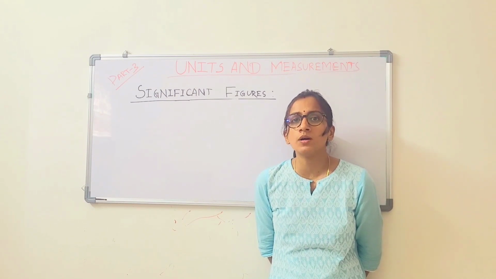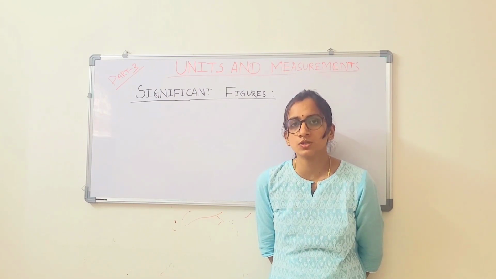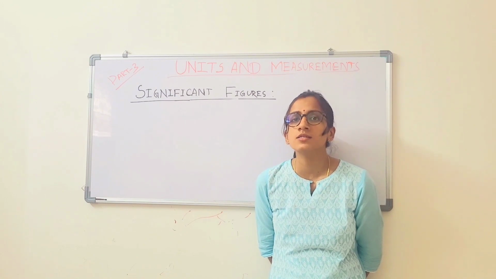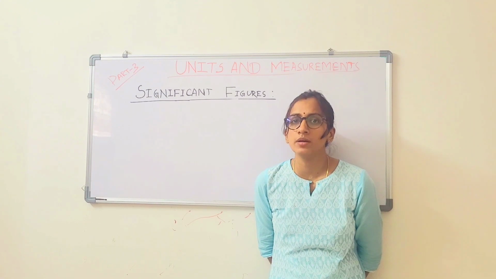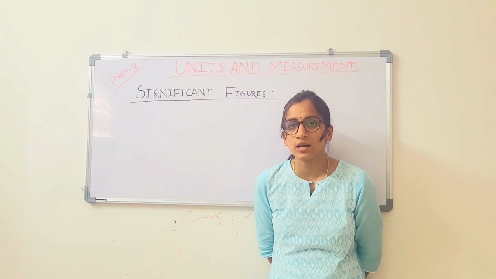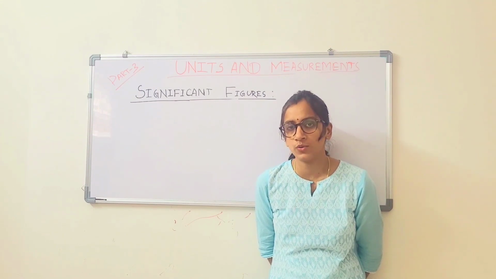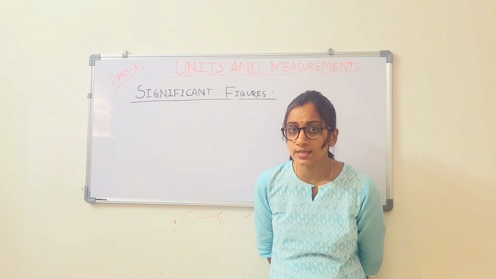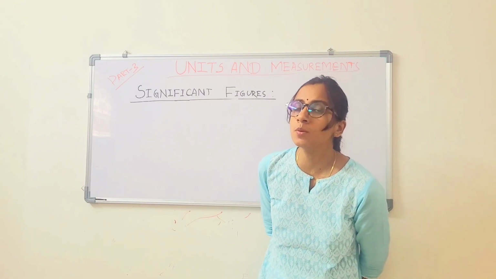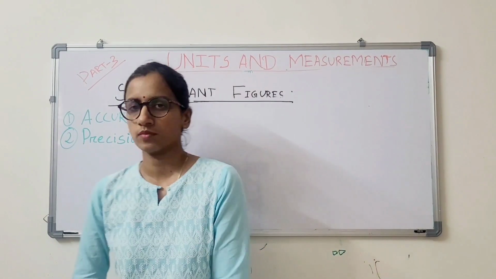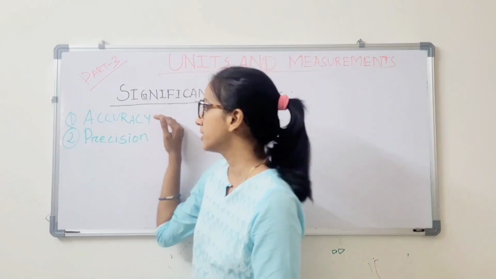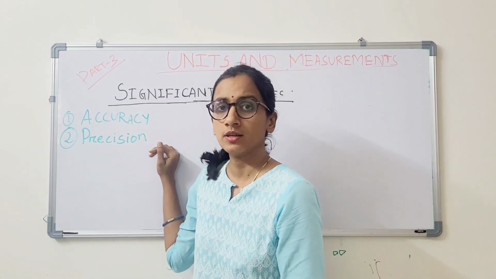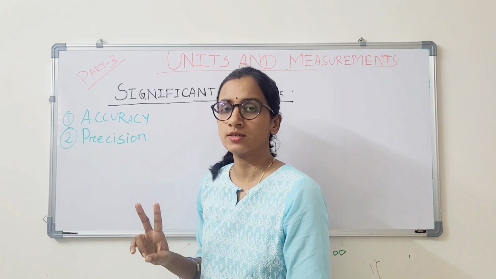That's why our lab experts tell us to take several readings and then find the mean value, so that you can see how accurate and how precise your value is. Two things are there, accuracy and precision. These are two different things.